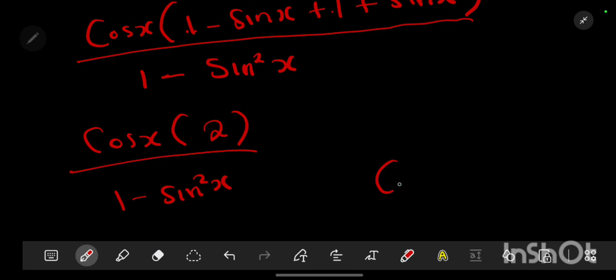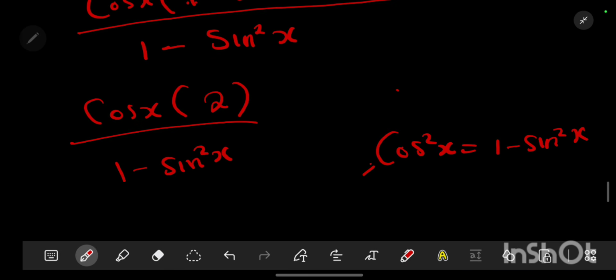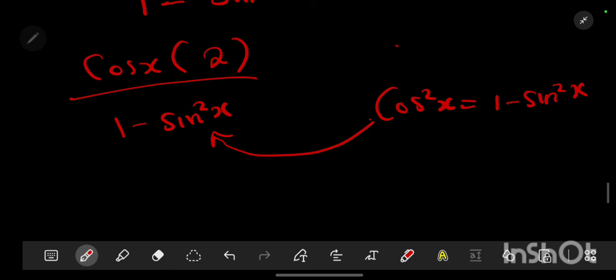Now remember, cos squared x plus sine squared x is equal to 1, so cos squared x is equal to 1 minus sine squared x. So here you are going to put cos squared x.